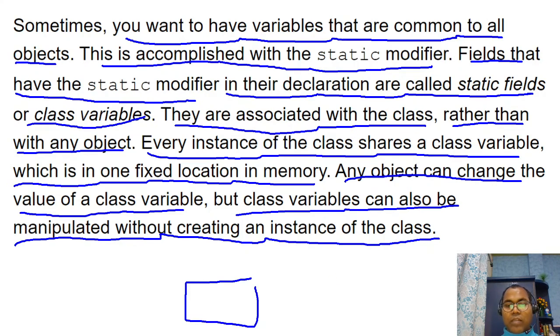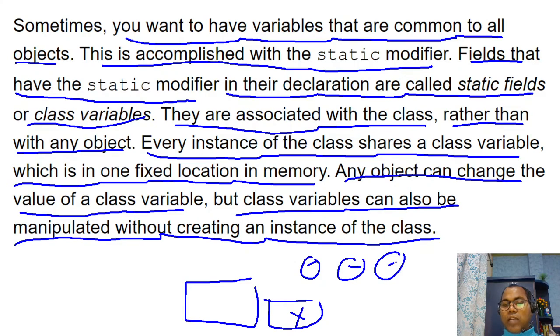If we have a class x and it has some static variable, let's say static variable y, you don't need to create any object to access any static member. If you want to access the instance variable, then you have to create an object of the class. But for a static variable, the class name is sufficient. This is the class variable. From the class name we can access the static variable and static method.